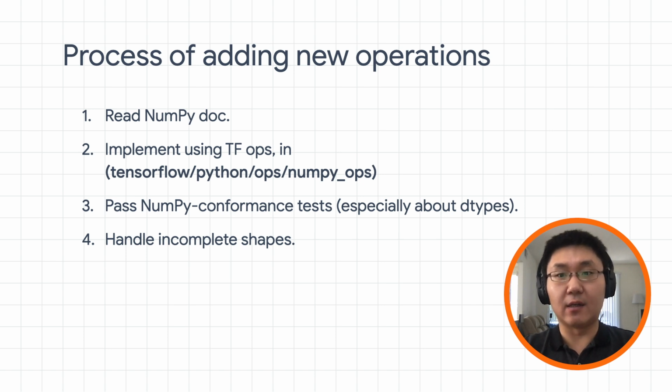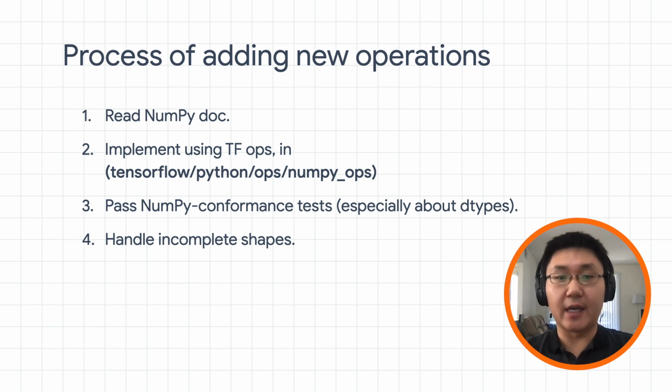The process of adding a new op is basically 4 steps. When you want to add a new op, you have to read the official NumPy doc for that op to comprehensively understand the behavior of the op. And then you think of a way to implement all the behaviors in Python using TF ops. You can look at the folder under numpy_ops for more information.